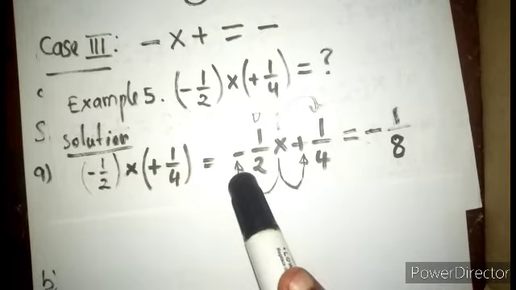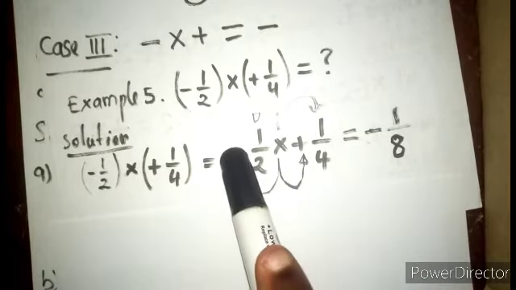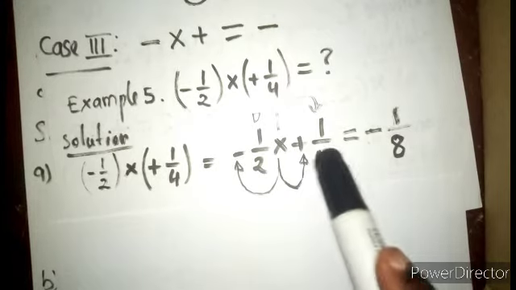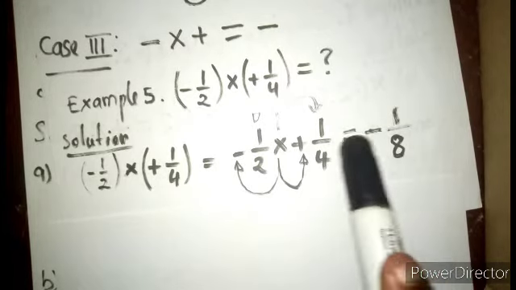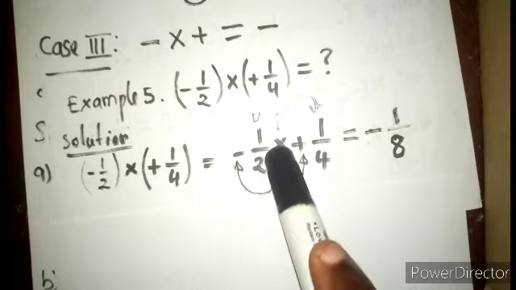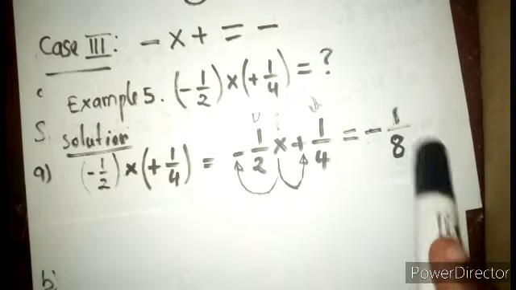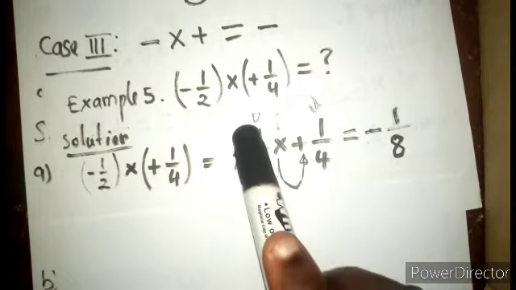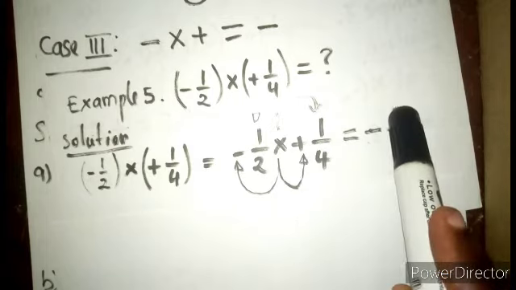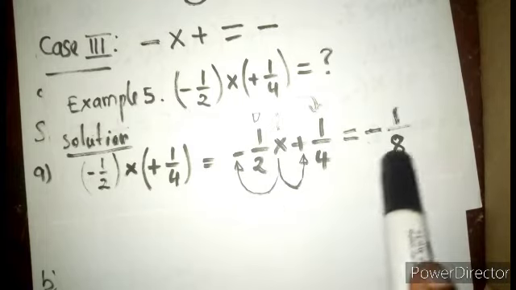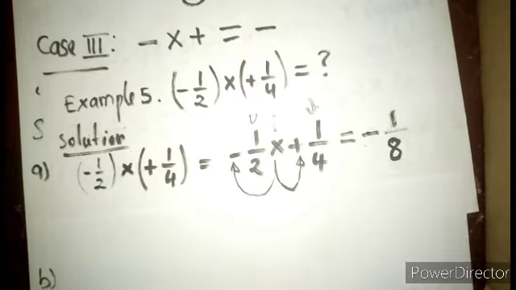Now we do sign multiplication first. Minus times plus is what? Minus. Now 1/2 times 1/4 is 1/8, since 1 times 1 is 1 and 2 times 4 is 8.